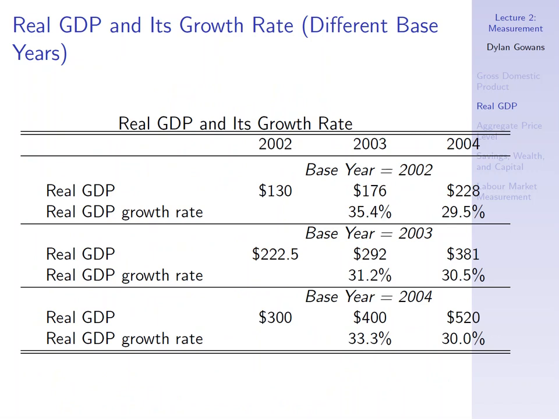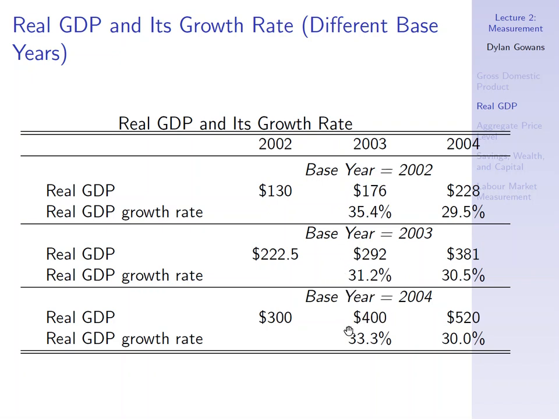Now, notice that this leads to different results for the growth rate of real GDP in each year. Using 2002 as the base year, we get a growth rate between 2002 and 2003 of 35%. If the base year is 2003, we get a real GDP growth rate of 31%.